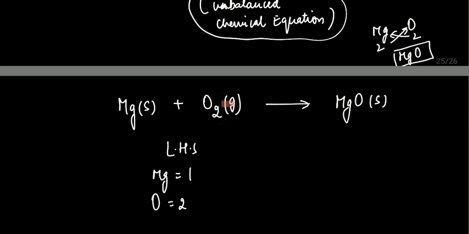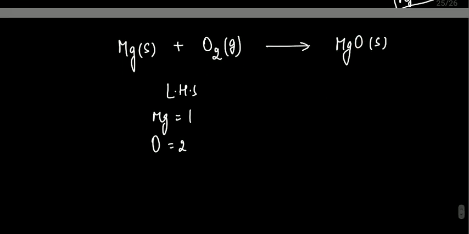Oxygen over here are 2 atoms. How do we know? Because of this subscript. This is oxygen gas. 2 atoms are chemically bonded to form one molecule over here. And we have only one oxygen atom on the right hand side. So what do we do? In this, we use something called the hit and trial method.